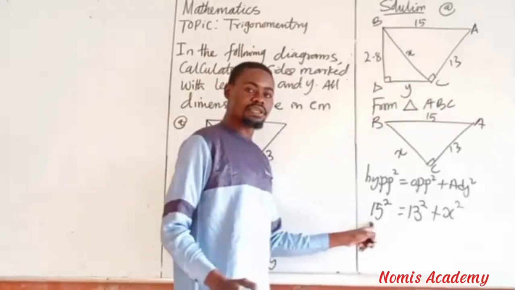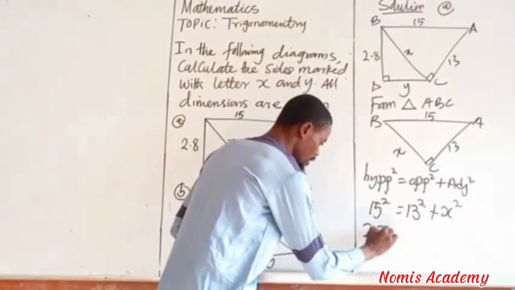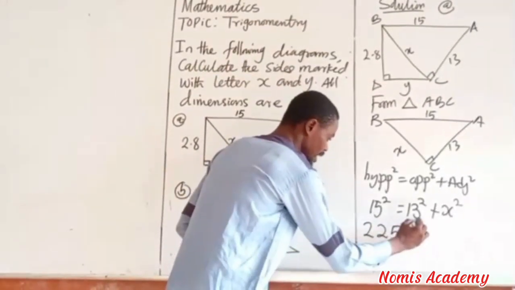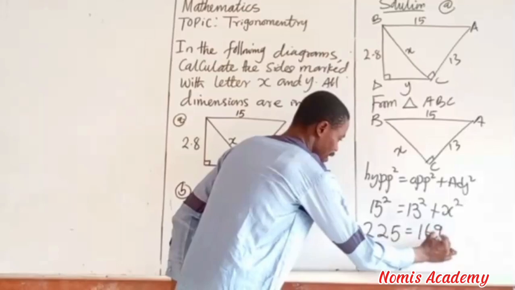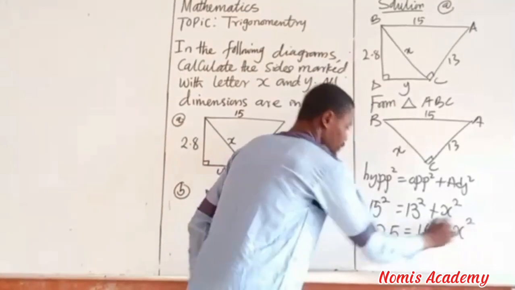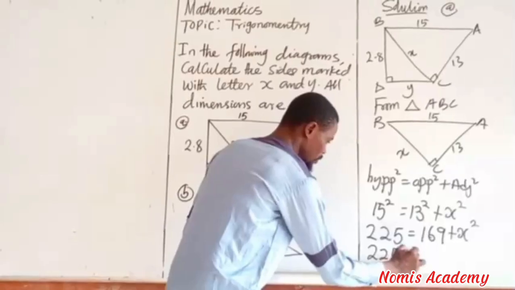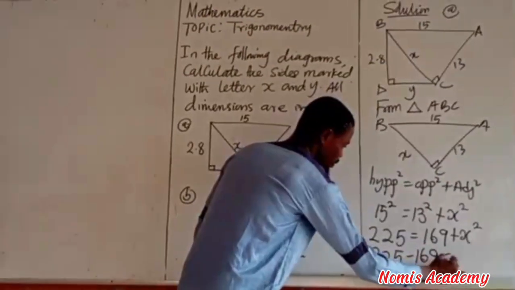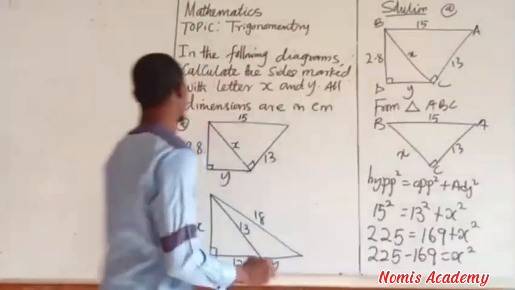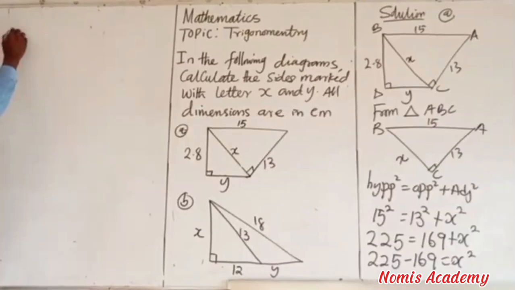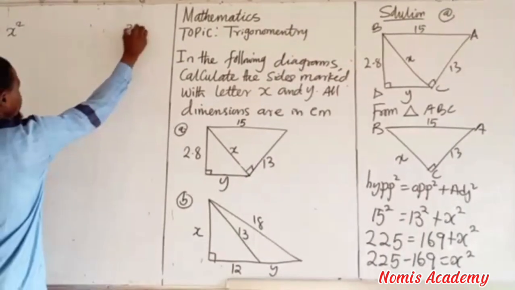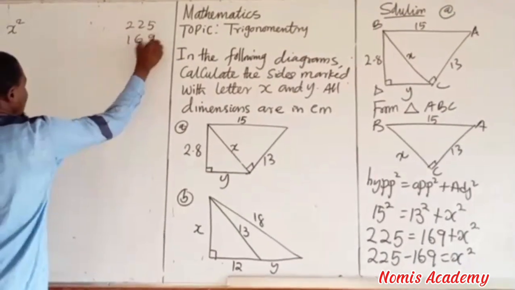Then 15 times 15 is 225. 225 is equal to 13 times 13, which is 169, plus X squared. We now have 225 minus 169 is equal to X squared. Then we subtract 225 minus 169.